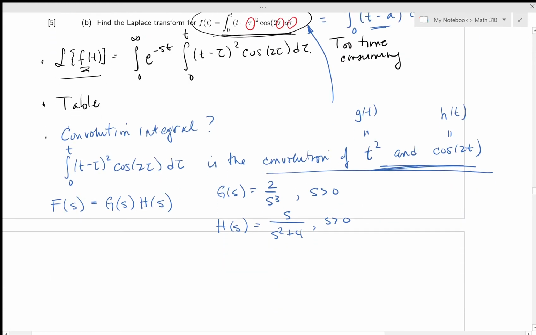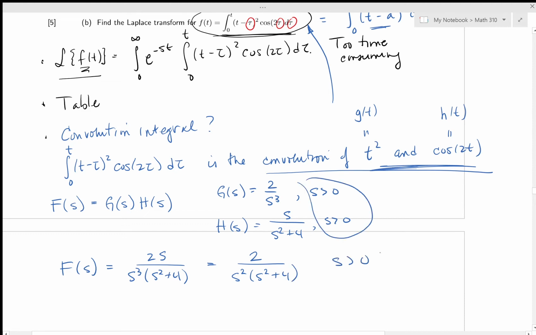So I can easily write the Laplace transform of f of t as the product of those two things: 2s over s cubed times s squared plus 4. That admits a small amount of simplification: 2 over s squared times s squared plus 4, for s greater than 0.